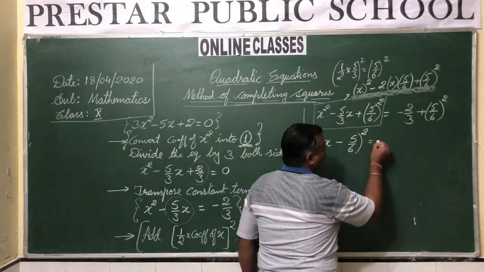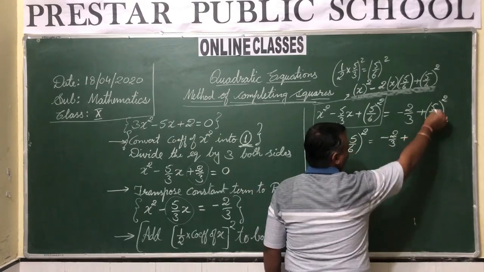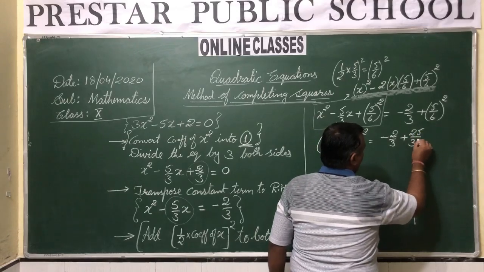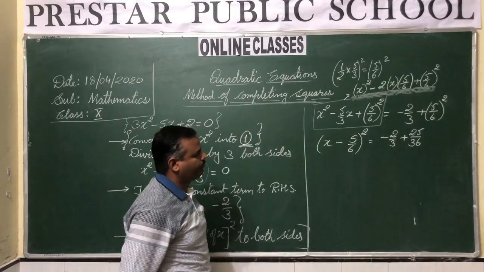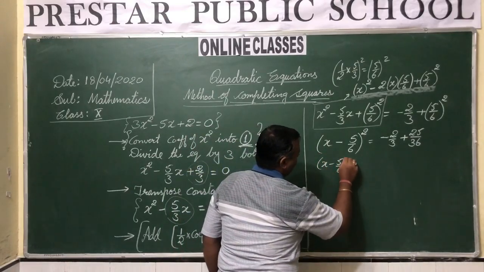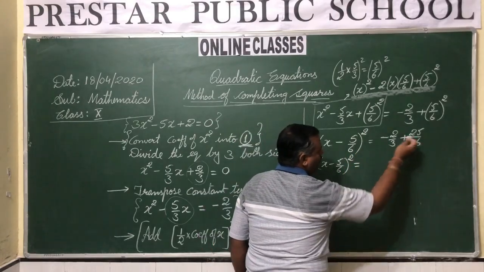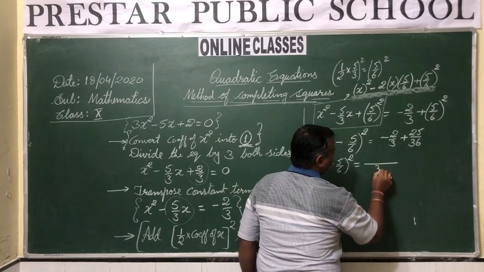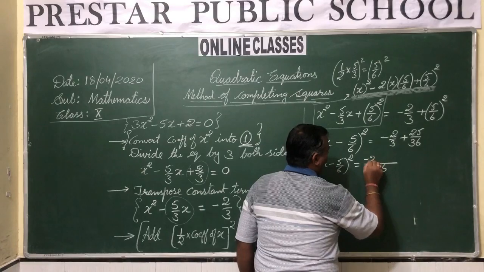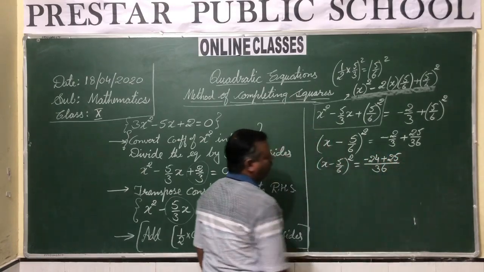On the other side, we have minus 2 upon 3 plus the square of 5 upon 6, which is 25 upon 36. Now simplify this further.